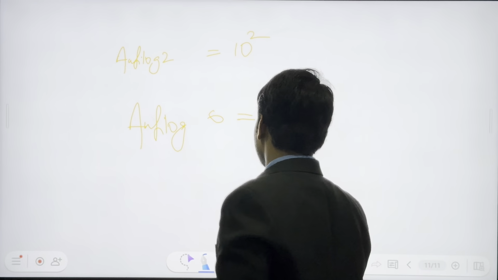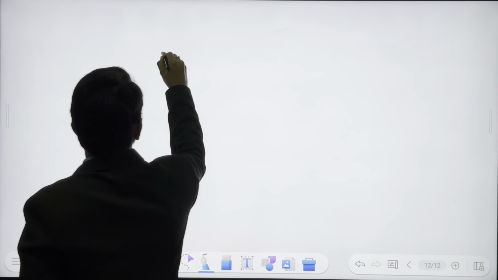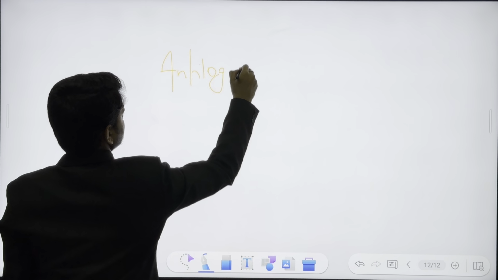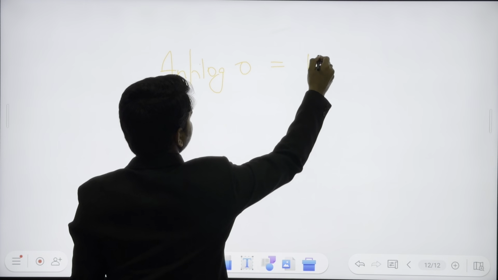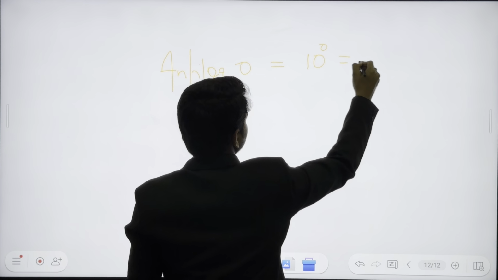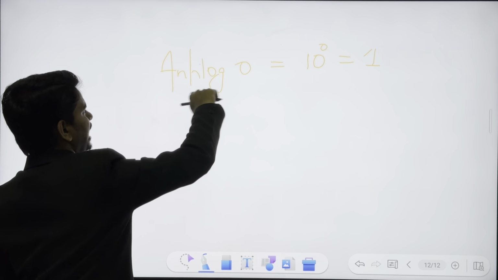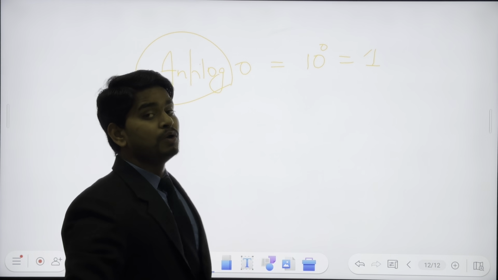Let's understand that. What is the meaning of anti-log 0? It is basically 10 to the power 0, which comes to be 1. And if we send anti-log to the other side, it will become log.